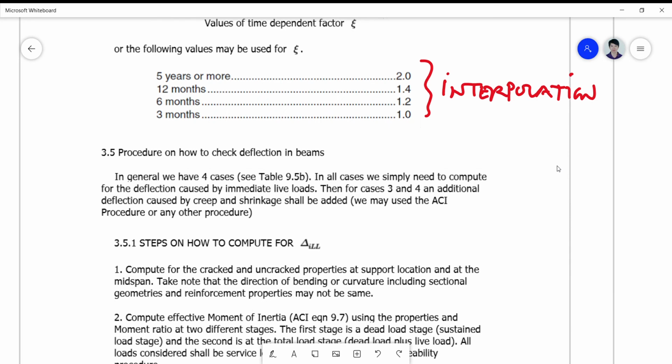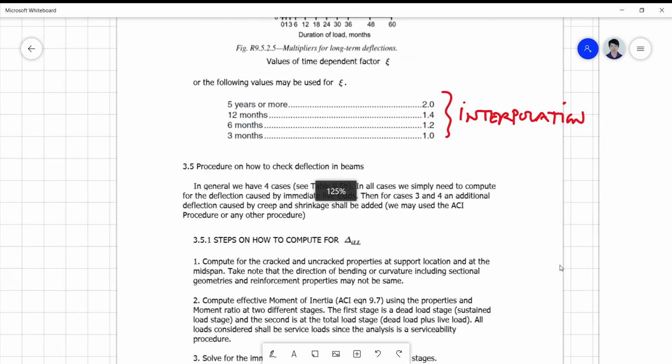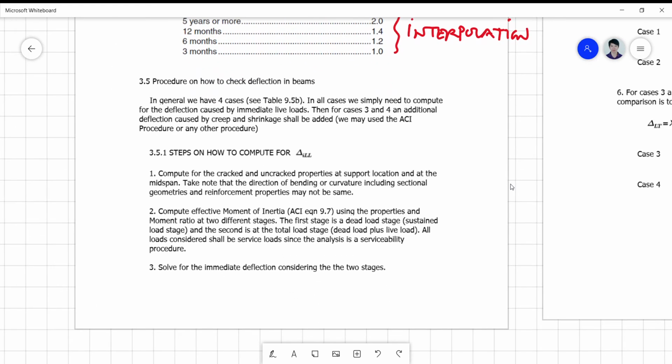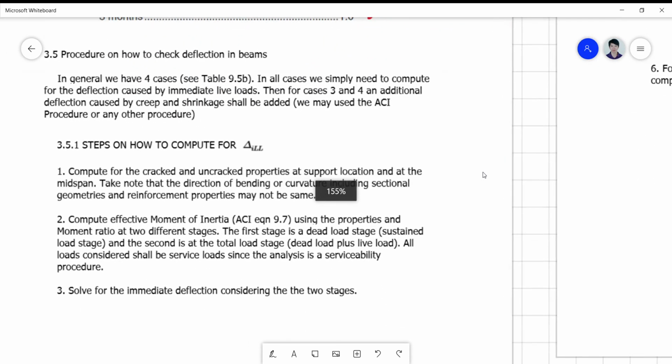Okay, so here are now the steps involved in the deflection control procedure. Okay, so first we have to compute the cracked and uncracked properties at the support location and at the midspan.